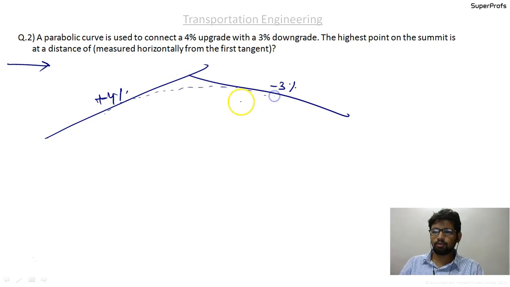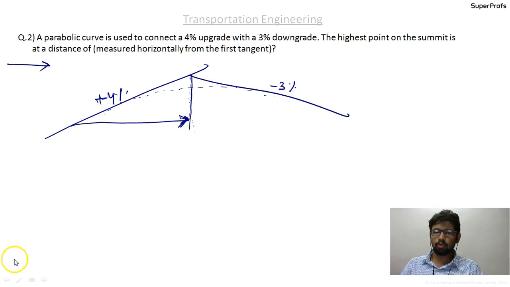The question being asked is the distance of the highest point measured horizontally from where the first tangent starts. This distance is being asked.